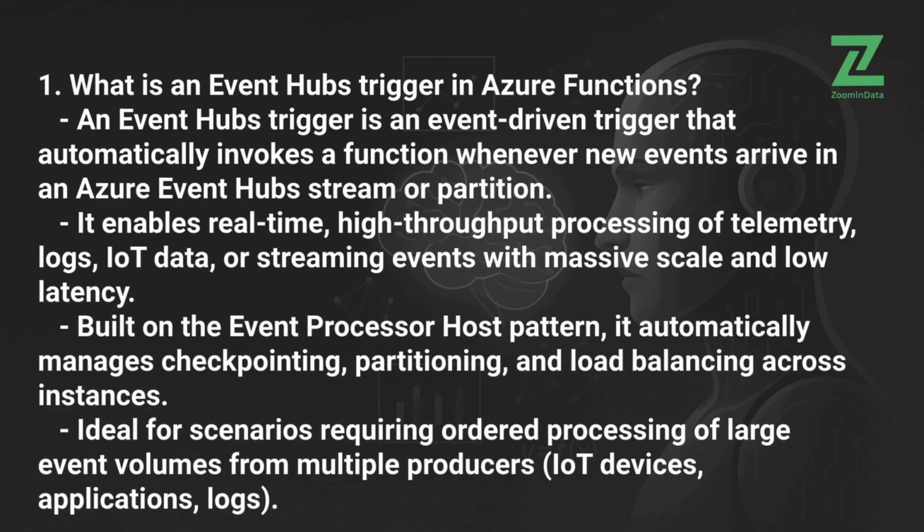Built on the event processor host pattern, it automatically manages checkpointing, partitioning, and load balancing across instances. Ideal for scenarios requiring ordered processing of large event volumes from multiple producers: IoT devices, applications, logs.